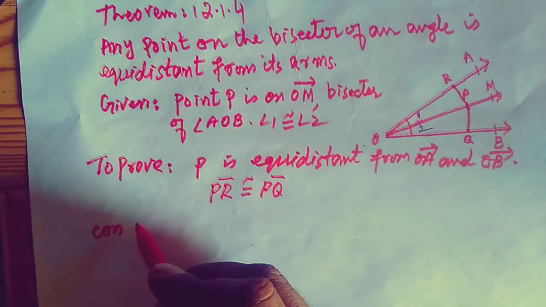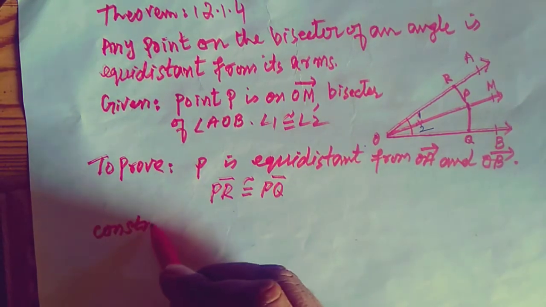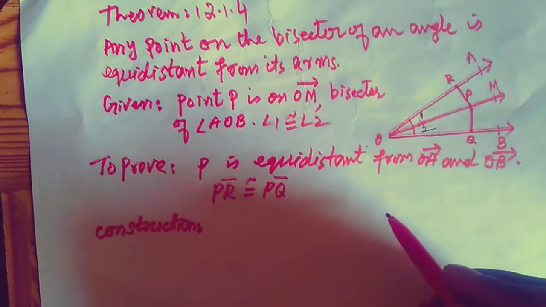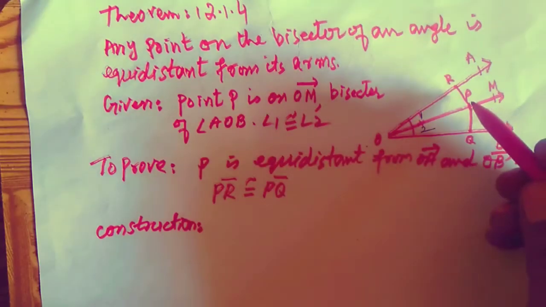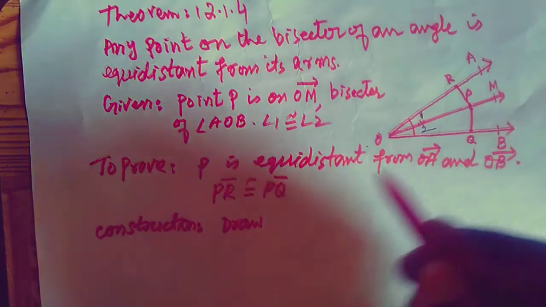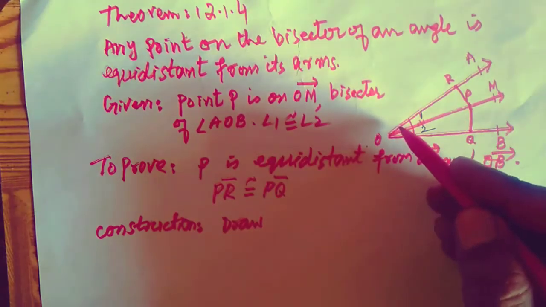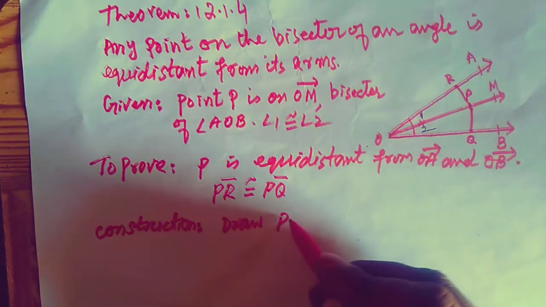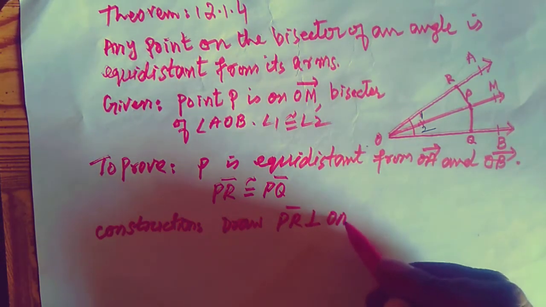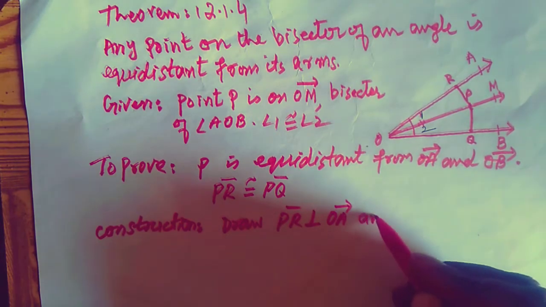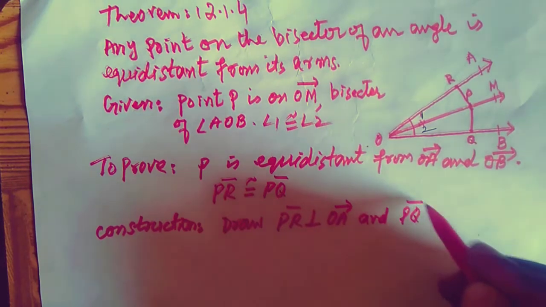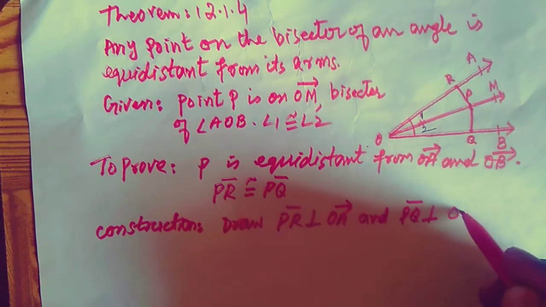Its construction: draw perpendicular PR to ray OA and PQ perpendicular to the OB ray.